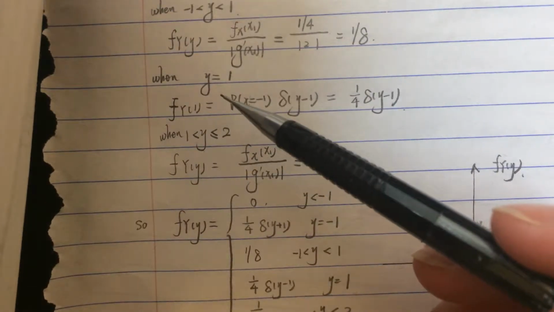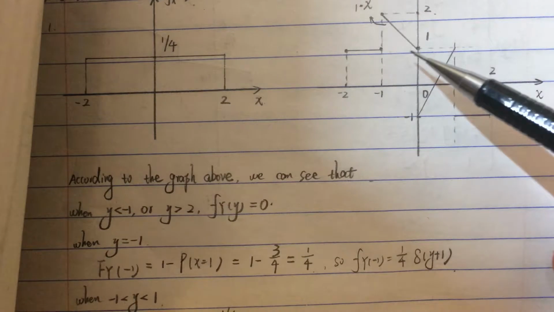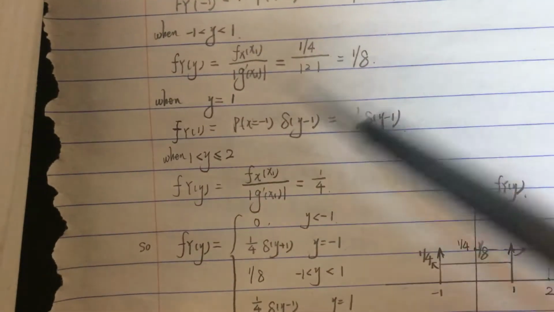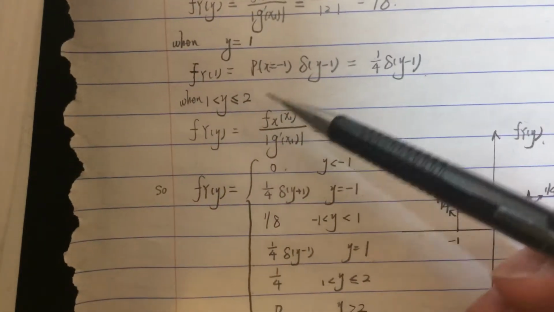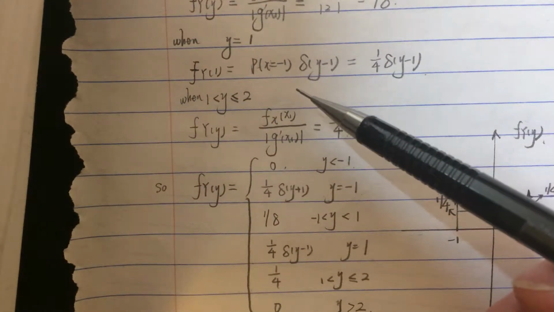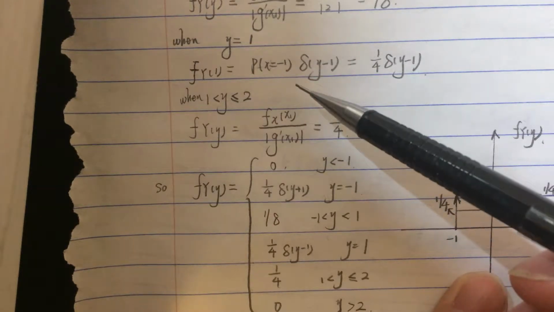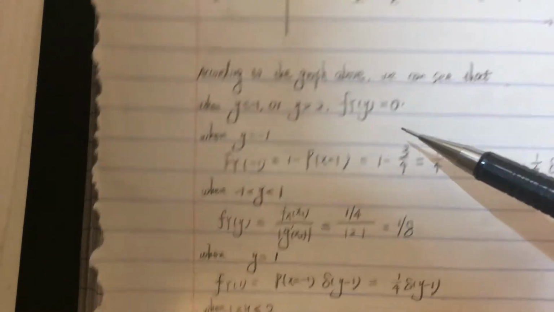And when y is equal to 1, according to this graph, we can know that f_Y(1) will equal P(X equals -1) times delta(y minus 1).